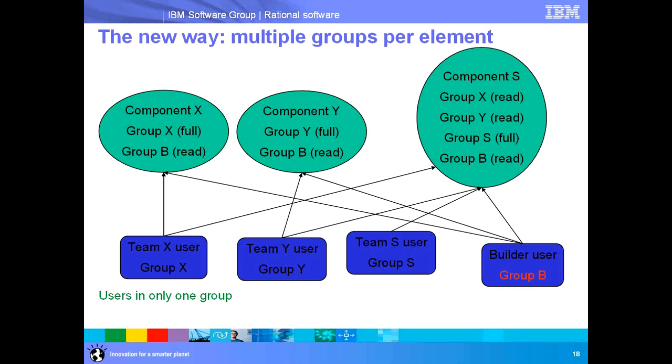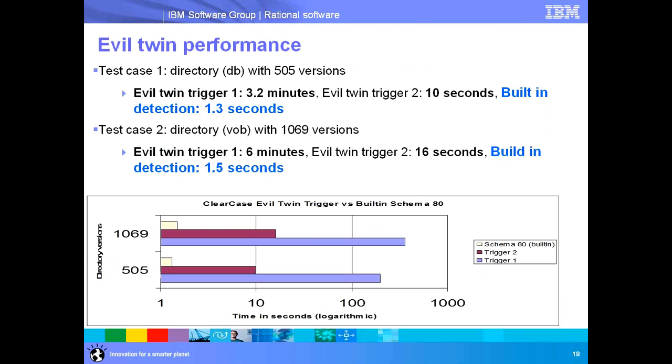In this way you can simplify the groups and group-based policies that you want to implement in your environment, and also make sure that there is no need of creating and applying custom-based triggers, and you can also get a higher limit of groups per element and per user. This is achievable by implementing the new role-based, policy-based combination that is provided in the ACLs for ClearCase 8.0.